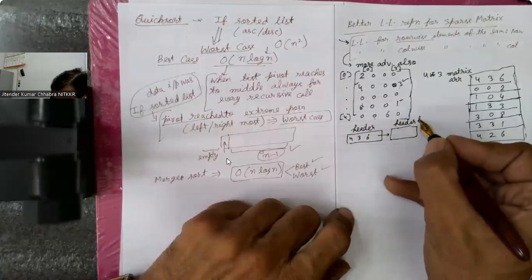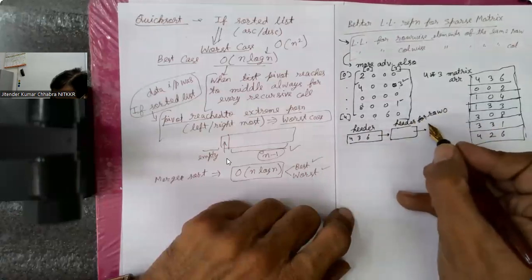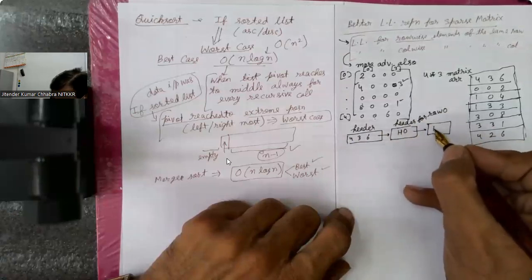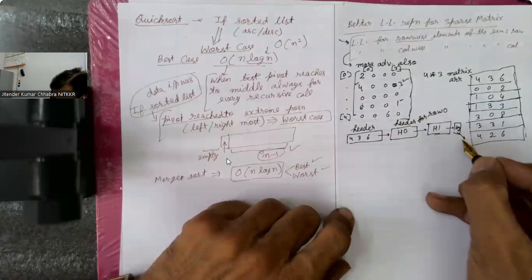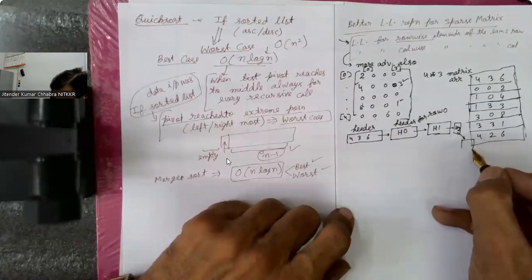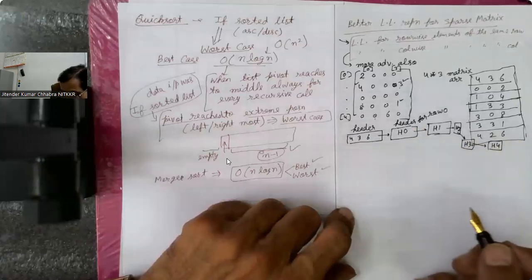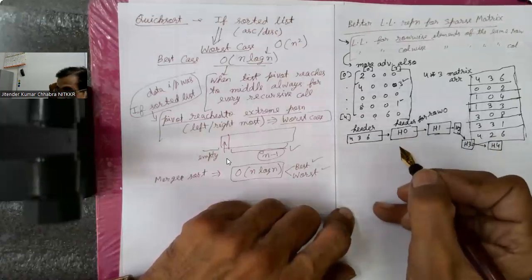Header for row 0, which I call H0. Similarly, header for row 1, header for row 2, header for row 3, and header for row 4. So 5 header nodes will be there, where header nodes will effectively tell that this is a linked list corresponding to a row.